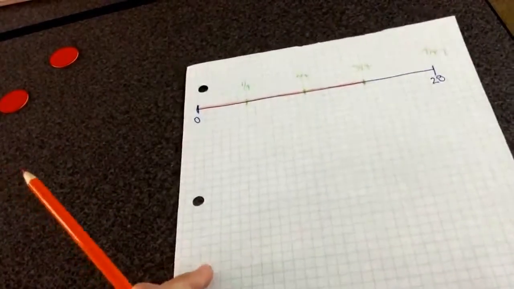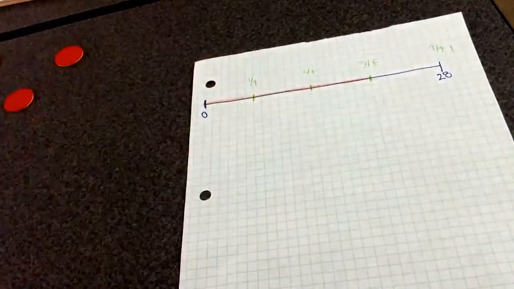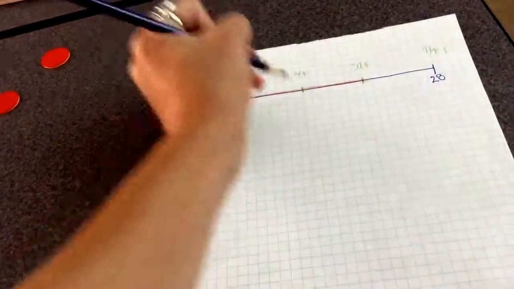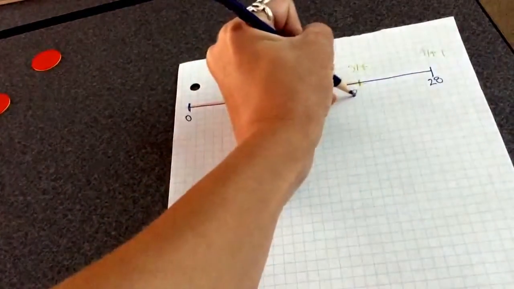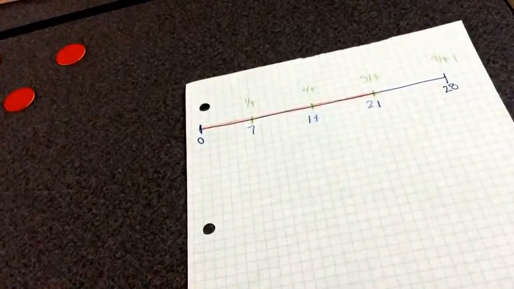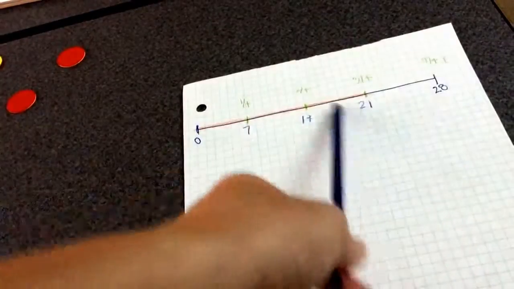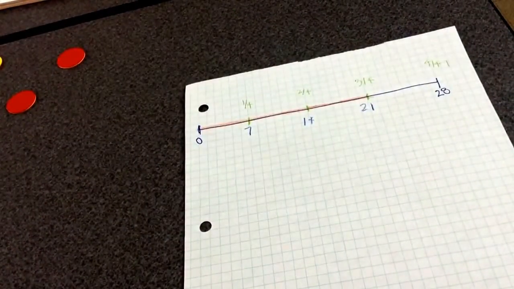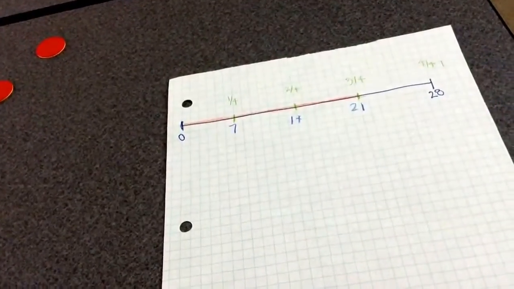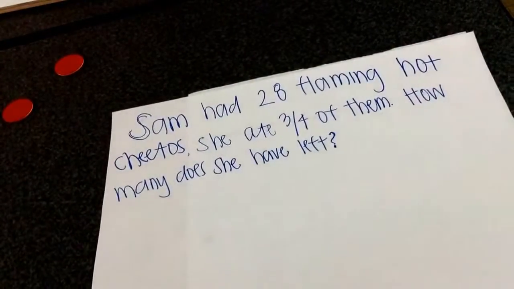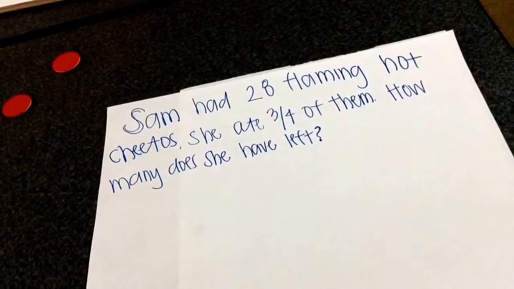And once again, we can see that 3/4 is equal to 21, because if we count by 7s, we get 7, 14, 21, and then we'll look at our one last unshaded section and see that we have 7 Cheetos left. So using both of these demonstrations, we can see that if Sam had 28 Flaming Hot Cheetos and she ate 3/4 of them, she will have 7 Cheetos left.